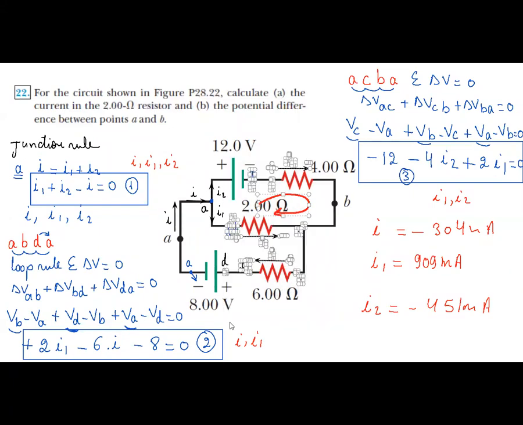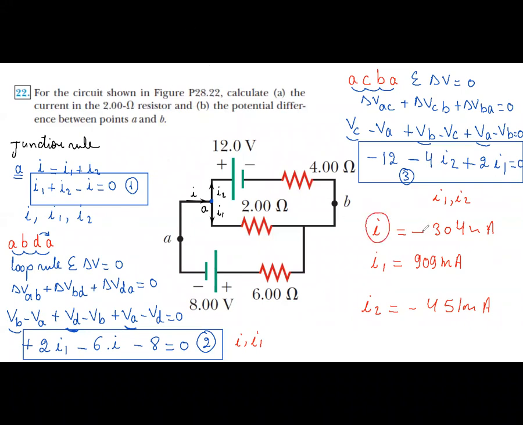Look well. The value of I is negative. We have a negative sign. It means we have to change the direction of I. I will be out, not in.